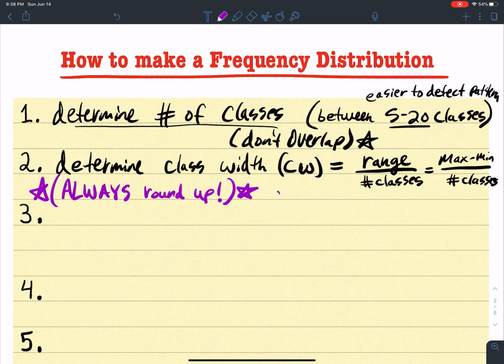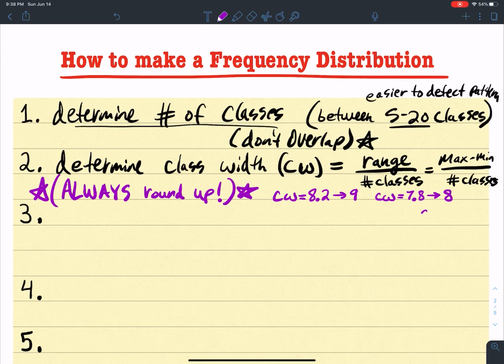All right, so say you get a CW equal to 8.2. I always round up, so I'm going to round up to the next whole number. That's 9. Say you get a CW equal to 7.8. Always round up to the next whole number. That whole number is 8.